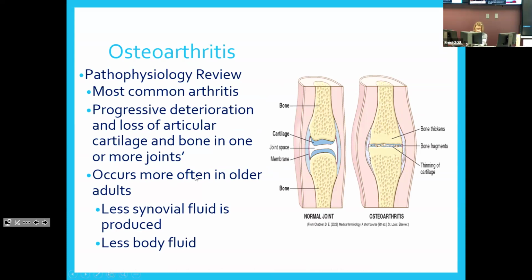So you can kind of see on this picture as well, like we talked about before, you have the normal joint with the synovial fluid in the middle, and then you can see the picture next to it where the bones get thicker and the cartilage and synovial fluid in the joint start to thin. It occurs more often in older adults, like I said, because of decreased synovial fluid and less body fluid.